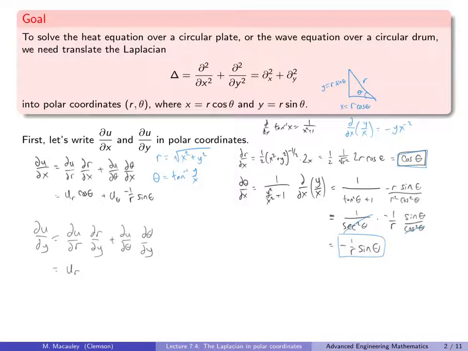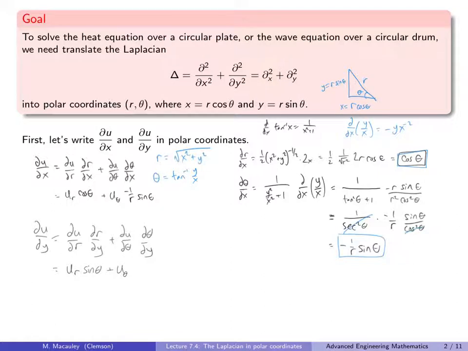So dr dx was this thing. So we had to take the derivative of this. We got a 2x that popped out. And that x became the cosine, which stuck around. If we do this with y, same thing, but we have a 2y that sticks out, that'll become a sine. So redoing that, I'm going to say that this is equal to sine of theta. And then du d theta is u theta.